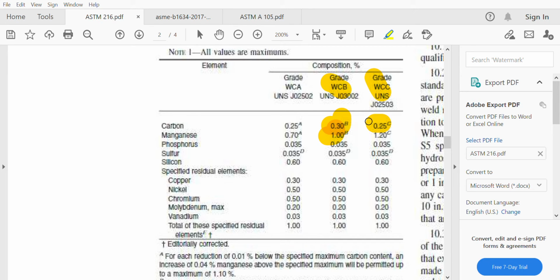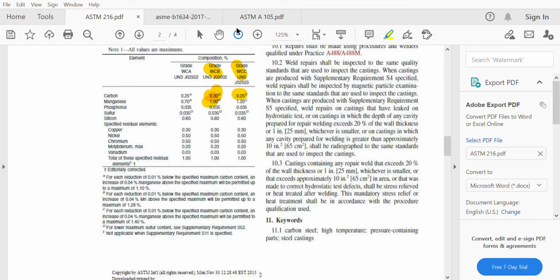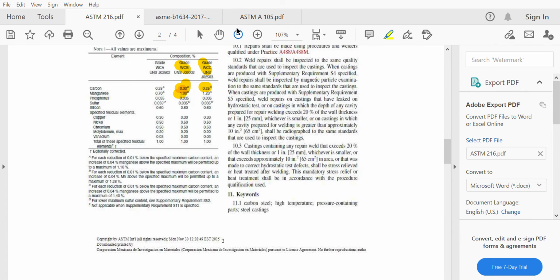So WCC is a slightly better grade compared to WCB, though they are used almost interchangeably. So this is basically what we need to know.